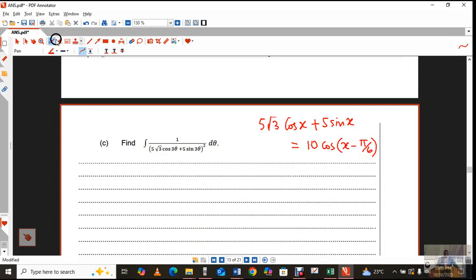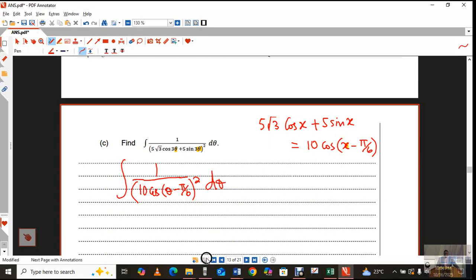But in this particular case, they have theta. So I'm going to replace this x by theta. So I'm going to write this as the integral of 1 over 10 cos of theta minus pi over 6, all of this squared, and now we are integrating this with respect to theta.